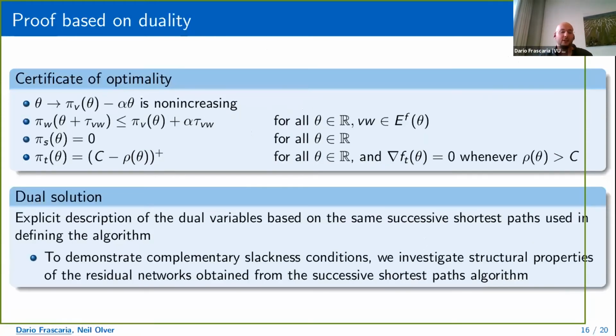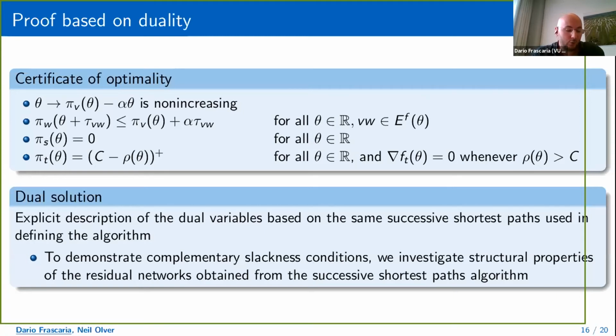So we first give a certificate of optimality, and we show that if the primal and dual variables satisfy this condition, then they are both optimal. So then we have strong duality. And these conditions basically are complementary slackness conditions. Then moreover, we actually give an explicit description of the dual variables.